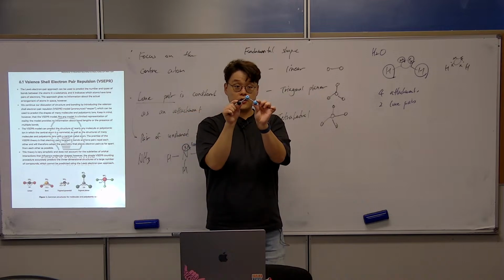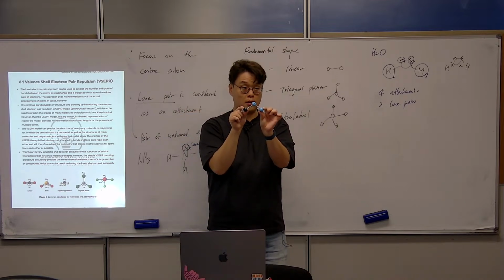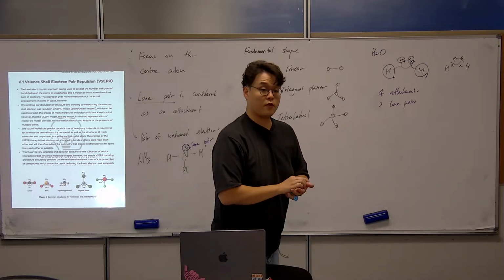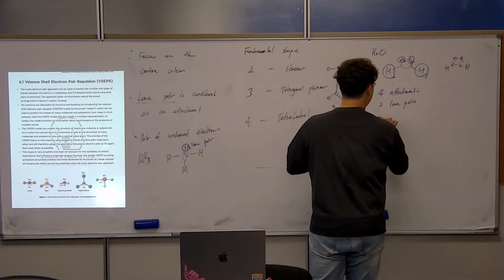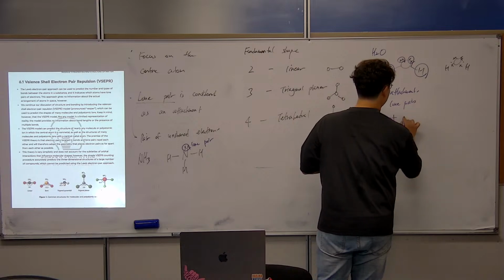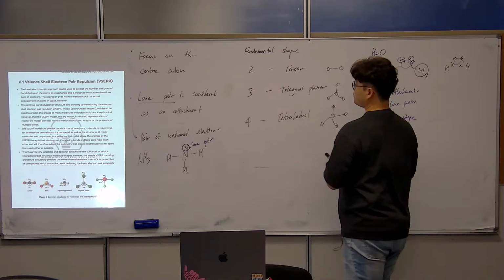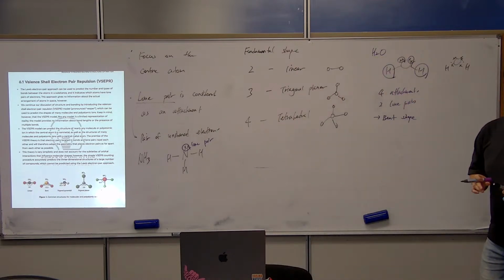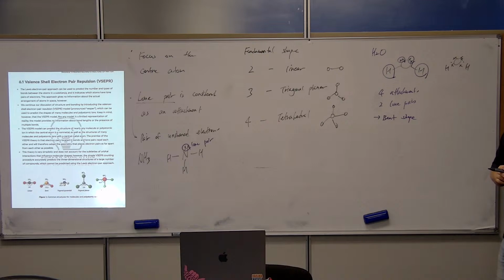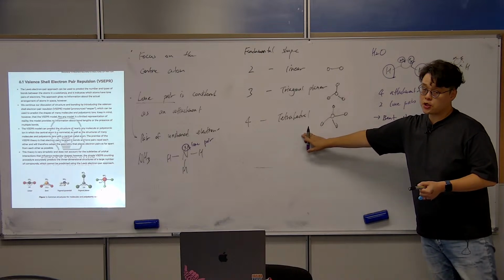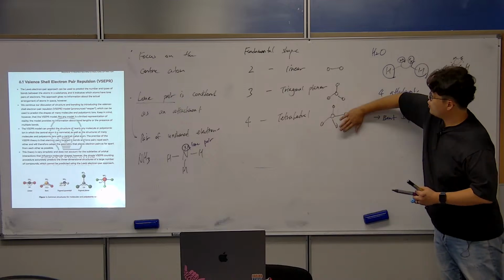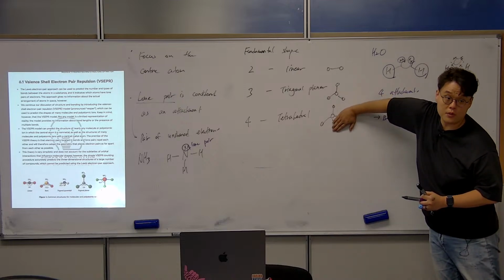Now this shows you a bent structure. This is a modification from the fundamental shape, now known as the bent shape. So always start from the fundamental or basic shape, and then if you get rid of those, can you see that the bent shape is formed?